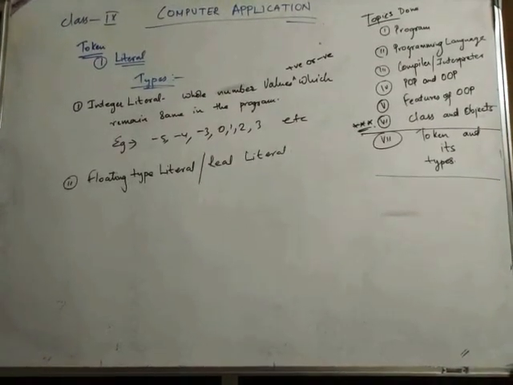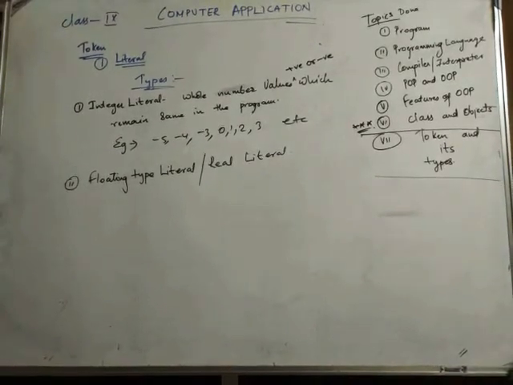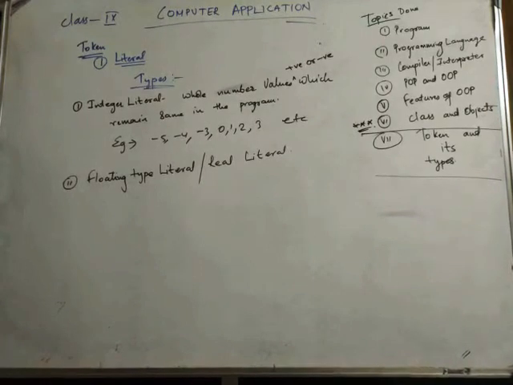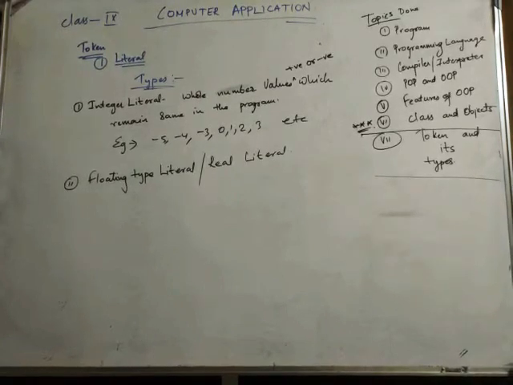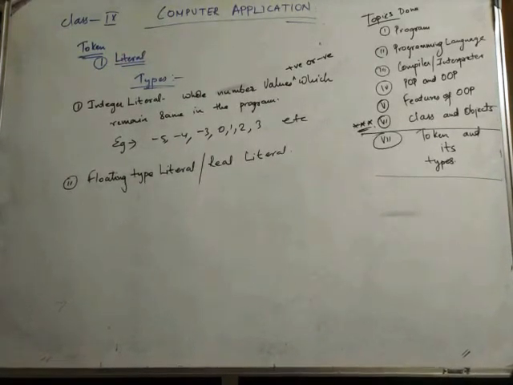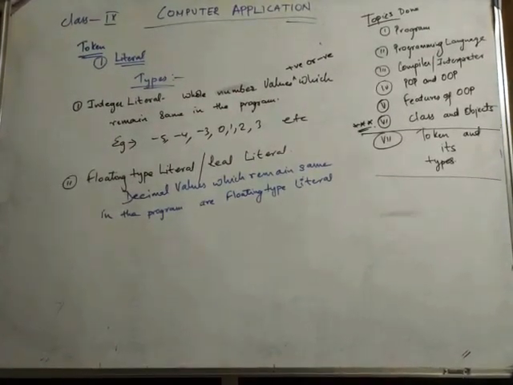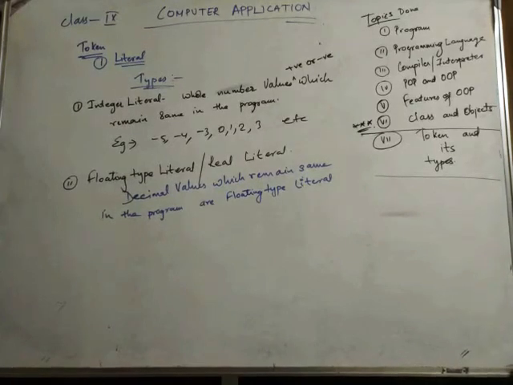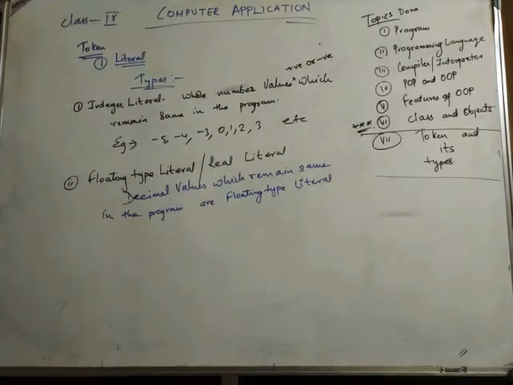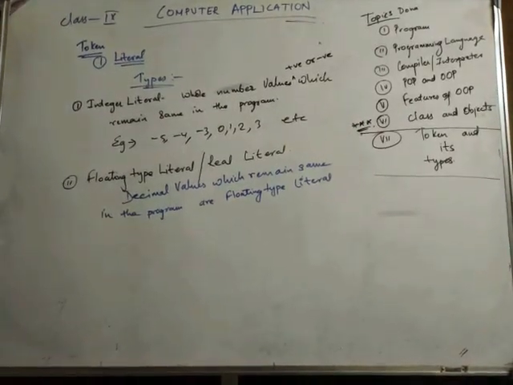Basically this literal, when we have decimal values, we call it floating type literal. Again, literal means what? Which remain same in the program. So decimal values which remain same in the program are called floating type literal.